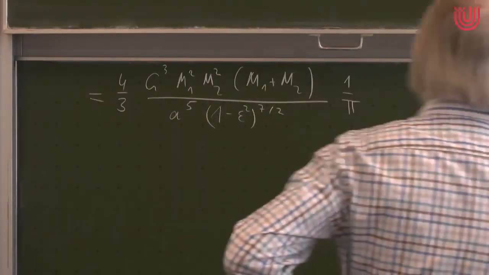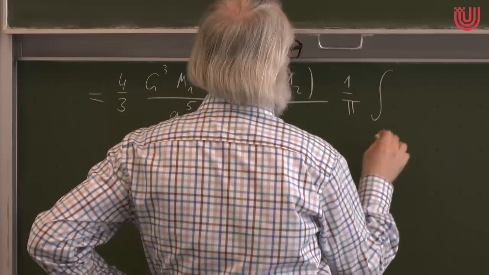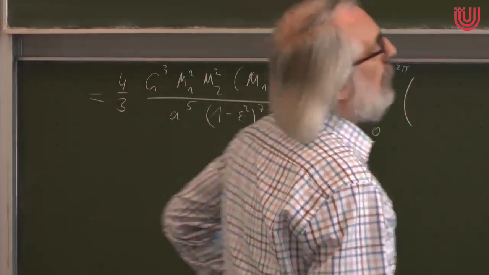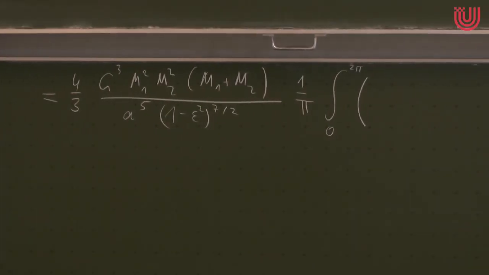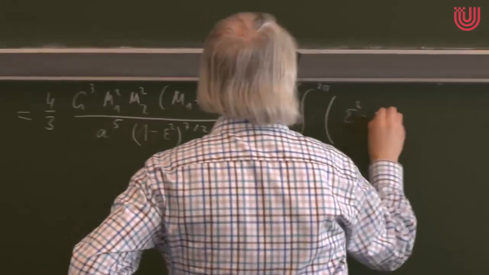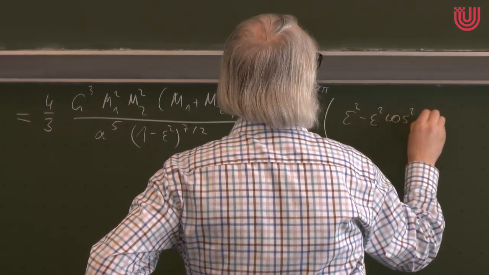Okay, and now let's collect the cosine terms. Integral from 0 to 2 pi. So if I multiply this out, I multiply with 1 everything here, and I drop the odd terms because they give 0. So then I get an epsilon squared minus epsilon squared cosine squared phi.